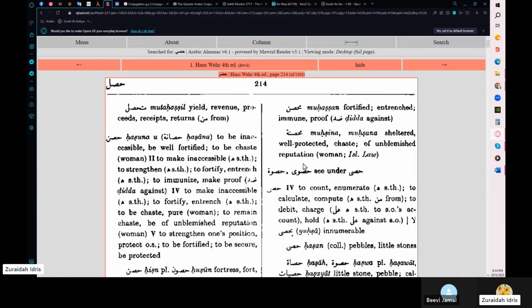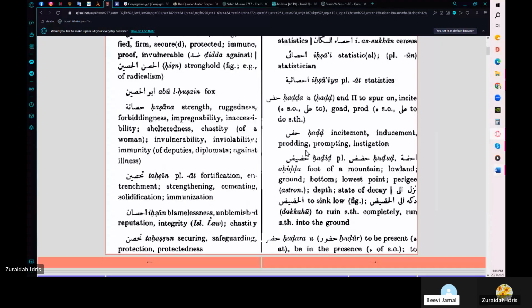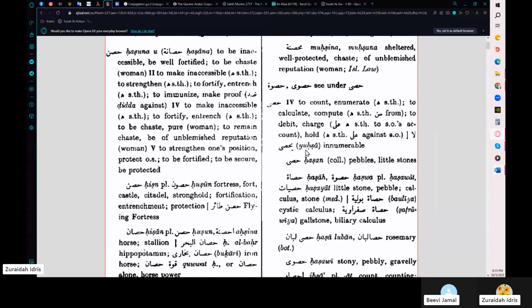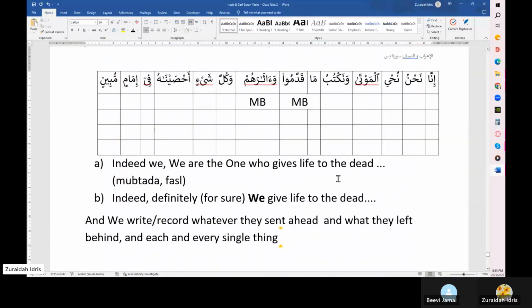Let's see, family 4. This is where you said to count, to enumerate, to calculate, to compute. I think it has only family 4. No family 1? Family 4. Yeah, that's right? Ahsayna is family 4. No, I mean only that. Yeah. This root letter. I think, yeah, that's all that I see.